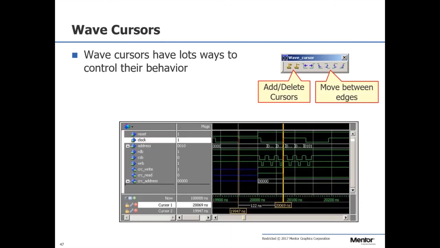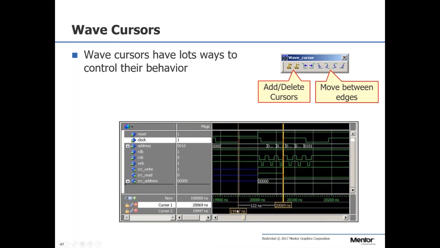So let's talk about wave cursors. Cursors in the wave window, once I put a cursor, you'll see I have two cursors, and I can drag and drop. I can select this cursor down here. If I click on this label, and then go up to this signal right here, in this case, clock, as I get close to an edge, that cursor will snap to that edge.